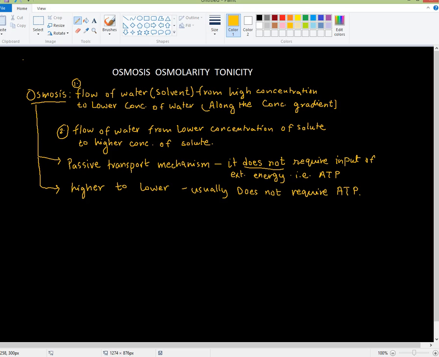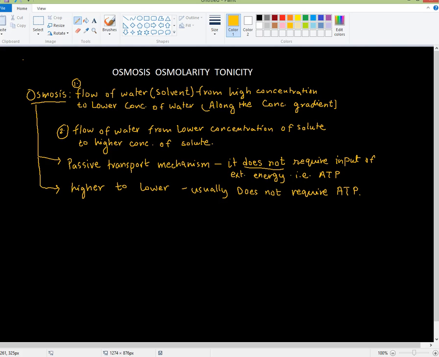So if we define it with the second definition, flow of water from lower concentration of solute to higher concentration of solute, it could sometimes be very confusing if you don't remember the definition clearly, because usually we think lower concentration to higher concentration means it's going against the concentration gradient and it requires ATP, and then you can make a mistake.